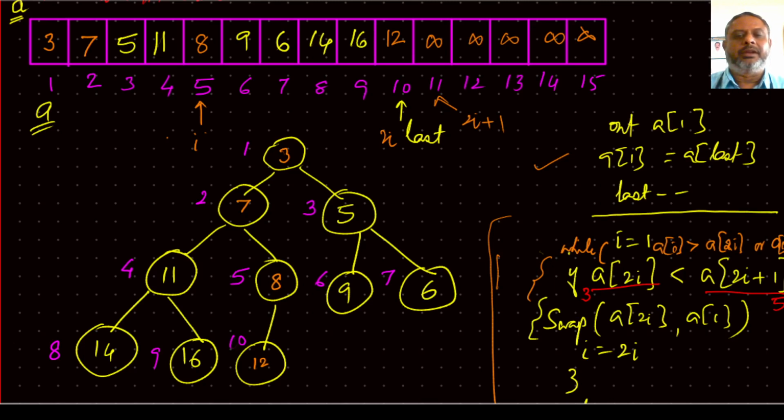And if you negate all the data, then -3, -7, -5, -11, -8, -9, -6, -14, -16, -12 and all that. In that case, -3 happens to be the largest element. So automatically this same system behaves like a max heap. So min and max, the difference is just a sign.